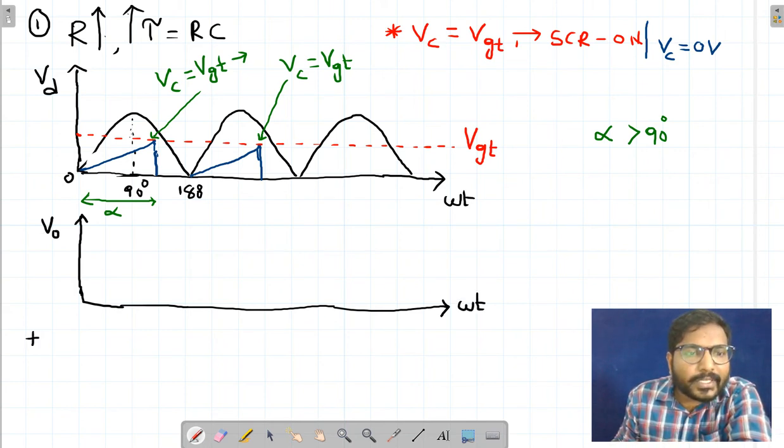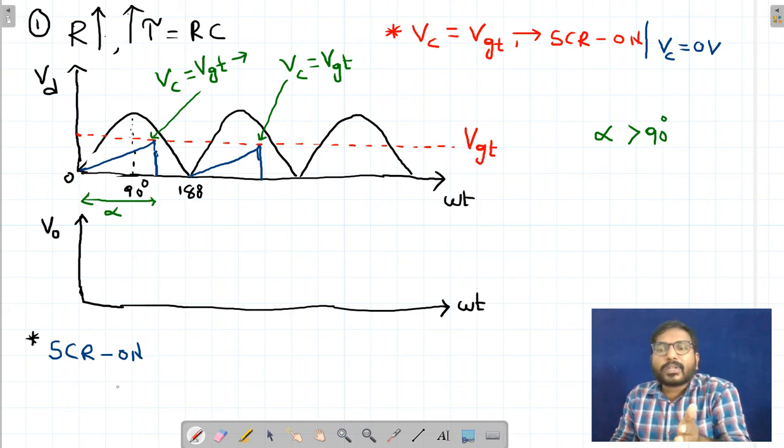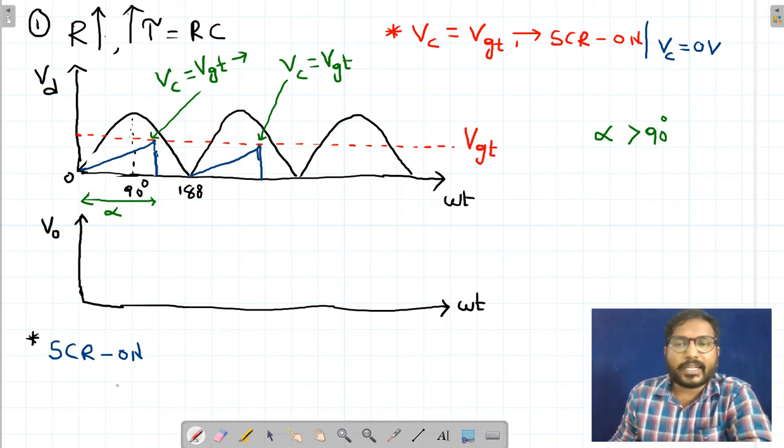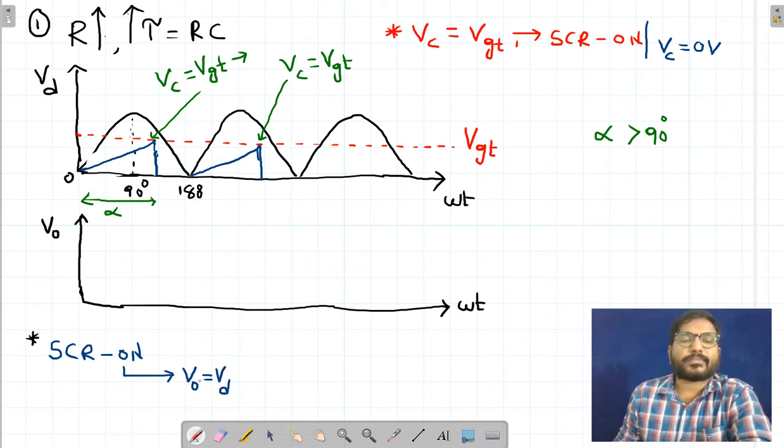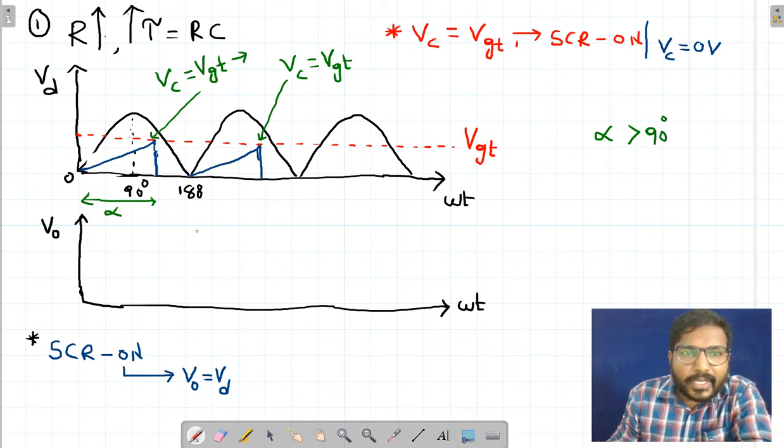One important point: from the instant the SCR is turned on, whatever voltage is available at the input side simply appears across the load. Vd is the input to the load.